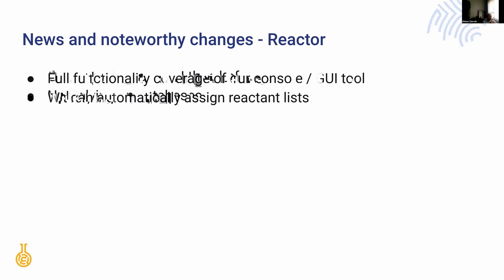We have the reactor module. This module is a full functionality coverage over our UI tool or console tool. And we also have automatic reactant list assigning functionality, which was requested many times before.